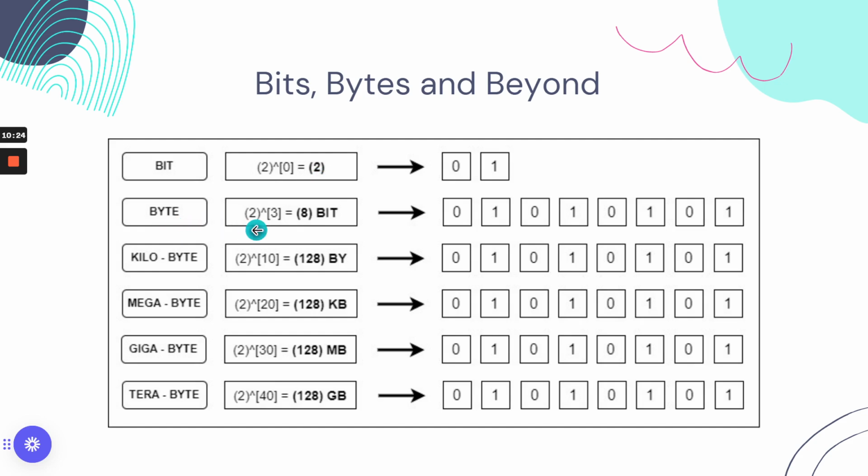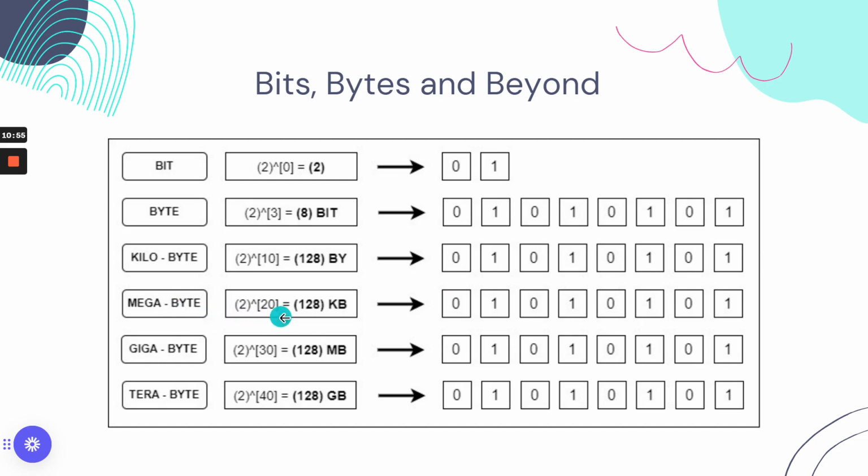A byte, however, evolves to 2 to the third power, equating to 8 bits. So a byte, remember, is 8 bits, meaning that it has 8 slots or boxes, and it can hold 1 bit per box. Then you have a kilobyte, which is 2 to the 10th power, a larger range of expression, so basically 10 times this.